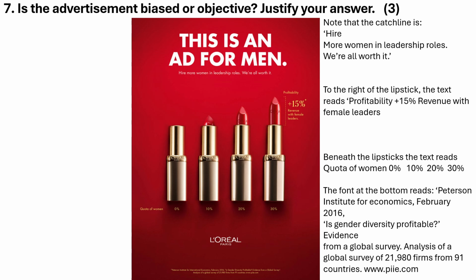You don't get marks for opinions. You only get marks for arguments, which are opinions that have evidence to back them up. So you must make at least 3 points in which you explain why the advertiser is either biased or objective, because they're opposites, and you must analyze the text in detail. Remember to read through all of the text boxes where the really small font has been rewritten in full. Here the information is given on the right.